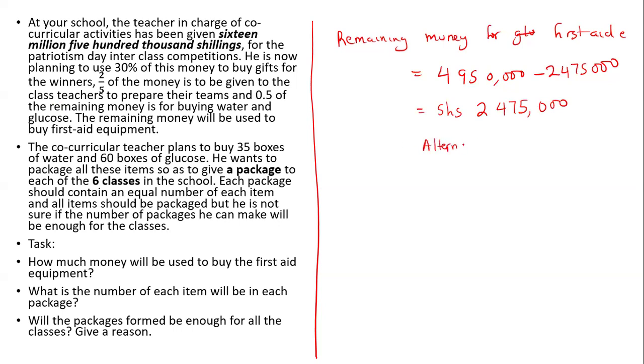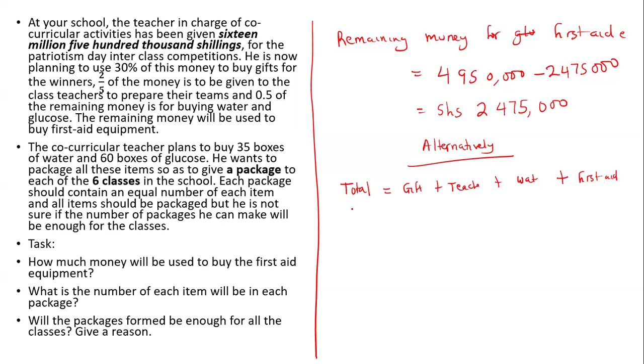The other alternative, approach number 2. Someone could use percentages, whereby someone could say that the total amount will be equal to the amount that you are going to spend on gifts plus the amount you are going to spend on teachers plus the amount you are going to spend on buying water, then plus the amount that remains for the first aid equipment.